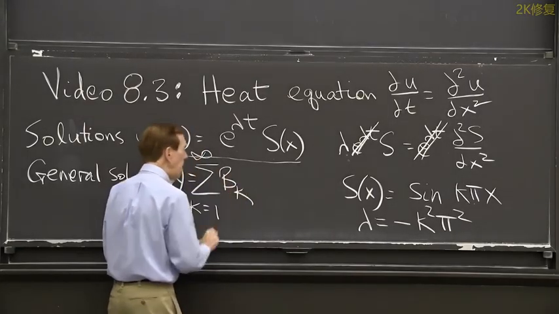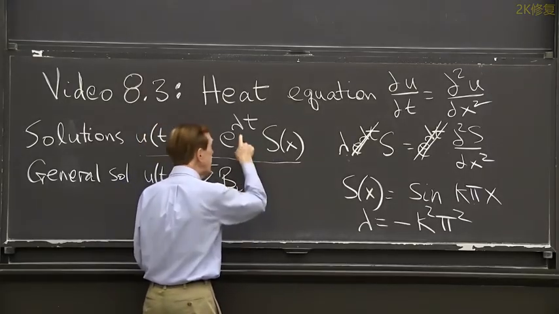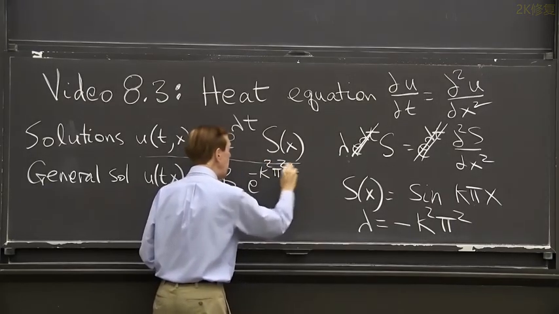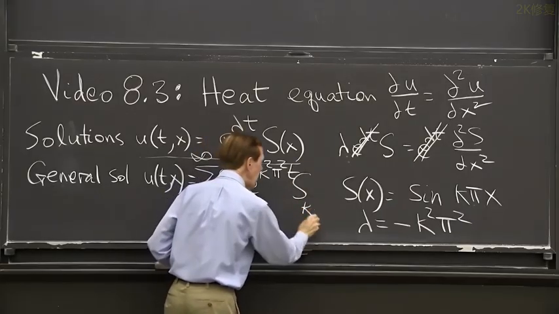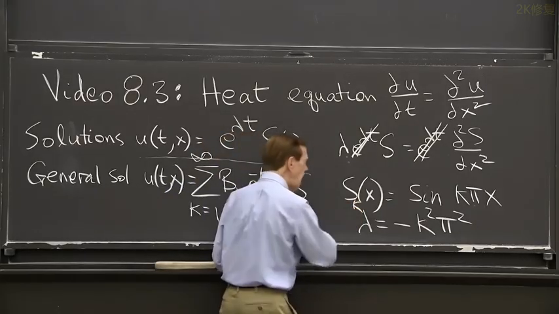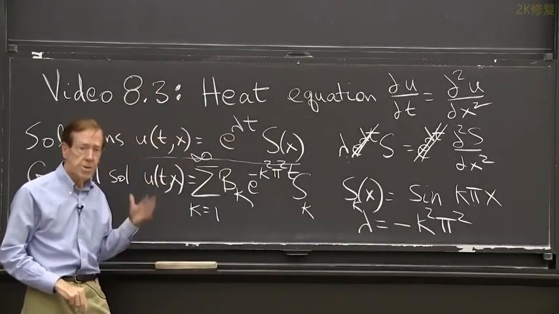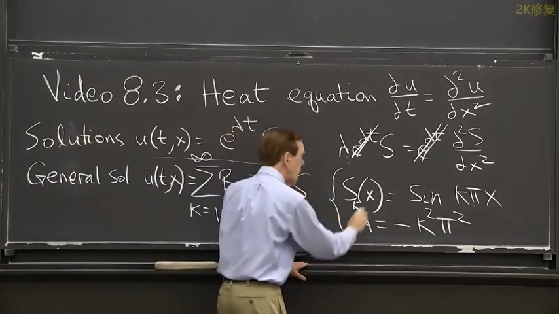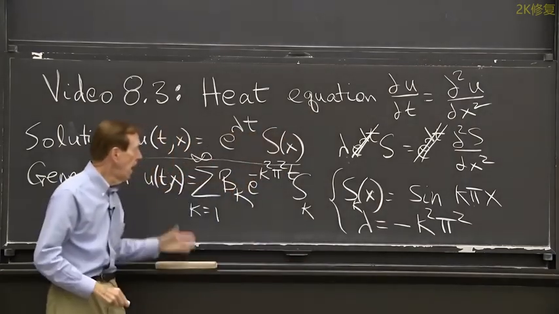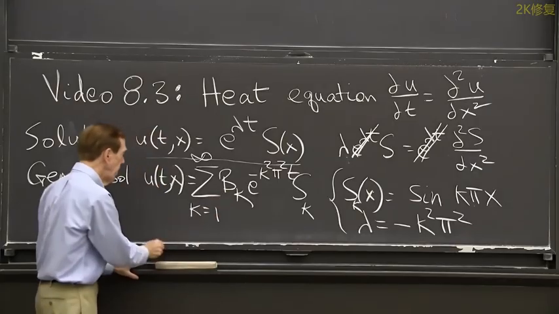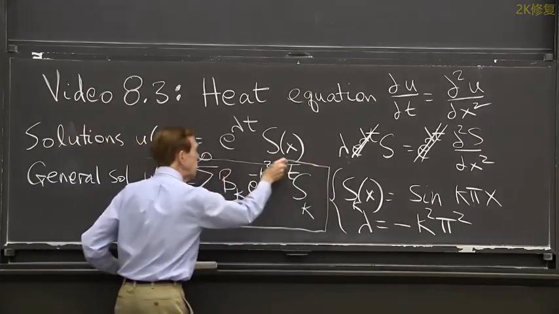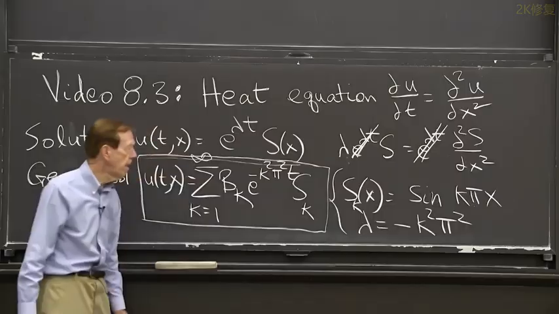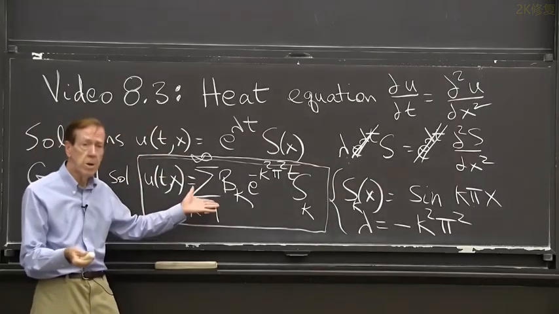Let me call them bk times this solution, e to the lambda t. What was lambda? Minus k squared pi squared t, times s number k. I should have given this eigenfunction its number, k. So this is my family of eigenfunctions and eigenvalues, and this is the combination of these solutions. There's the general solution, and for sk, I should have written sine k pi x.